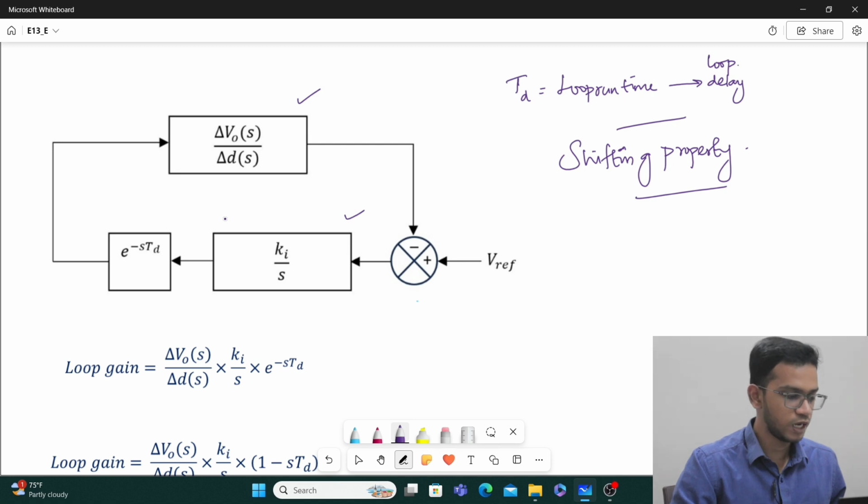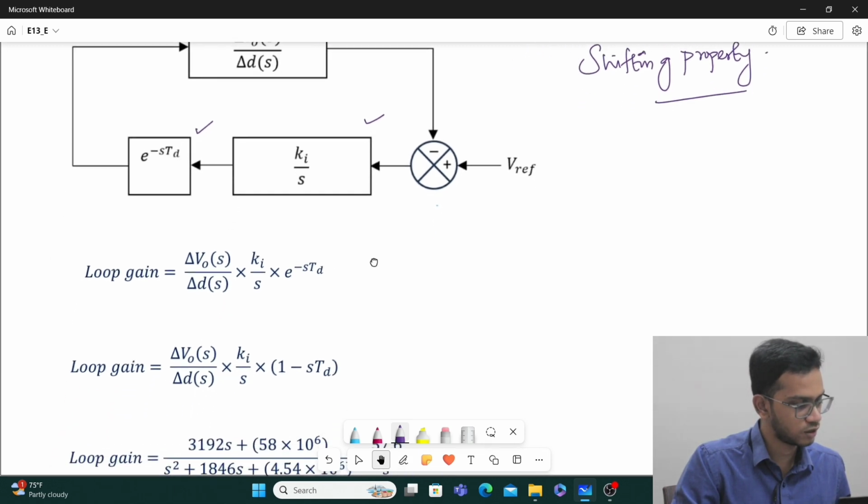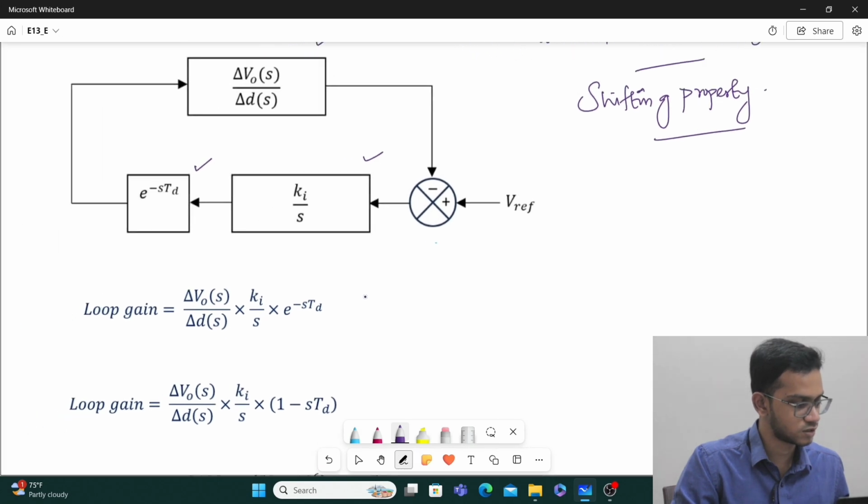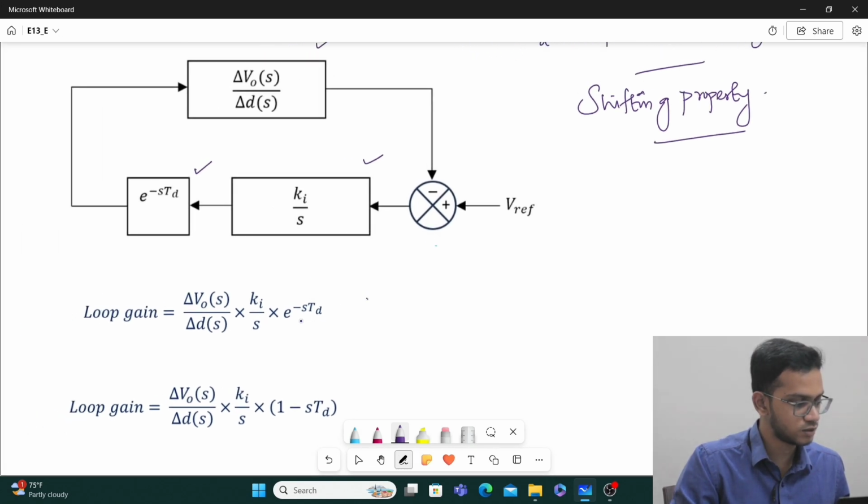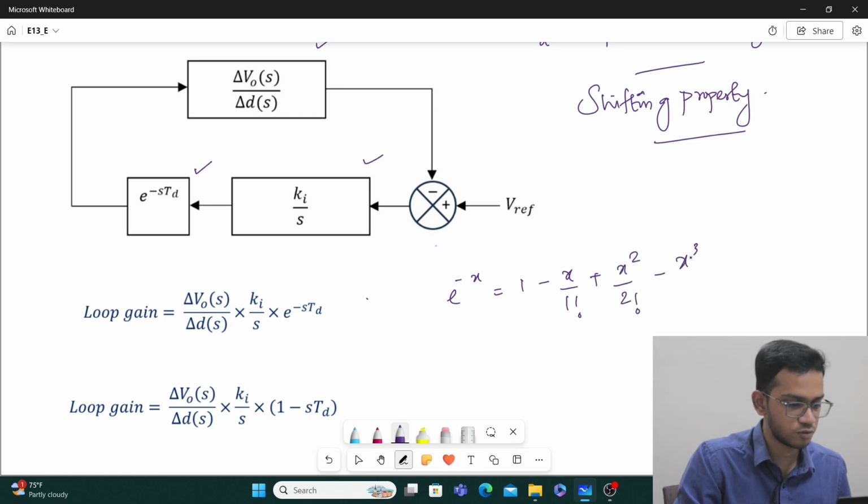So now your loop gain is this transfer function multiplied by this transfer function multiplied by this delay, the modeled delay which we have put. So now when you further expand this, e power minus x can be expanded as 1 minus x by 1 factorial plus x square by 2 factorial minus x cube by 3 factorial plus so on.